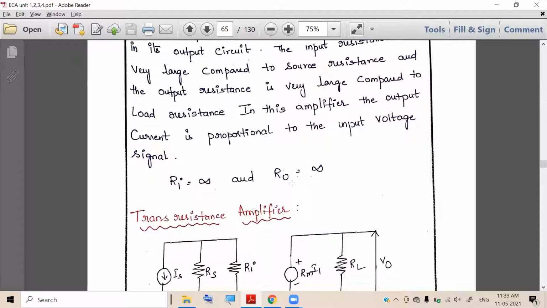See, resistance is voltage by current. Gain is output by input. So just to correlate these two, what is input and what is output for a transresistance amplifier?